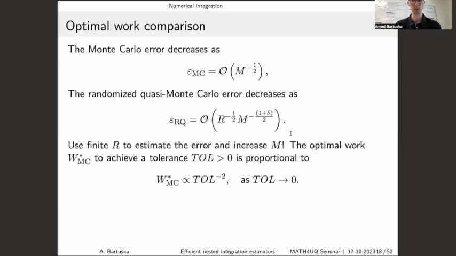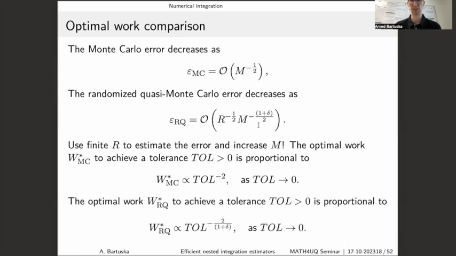So the optimal work, if we introduce an error tolerance tau that is larger than 0 but fairly small, we can compute: the optimal work of the Monte Carlo estimator is tolerance to the minus 2. You can see this clearly from up here. If the error is M to the minus 1/2 and the cost is just the number of samples, it's basically 1 over tau squared. And if we keep the number of randomizations fixed, the work of the randomized quasi-Monte Carlo estimator will be tau to the minus 2 over (1 plus delta).